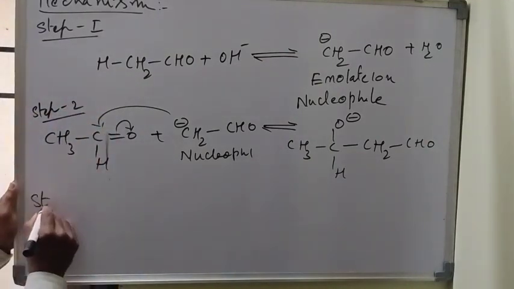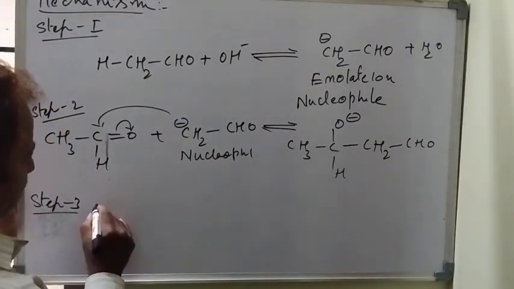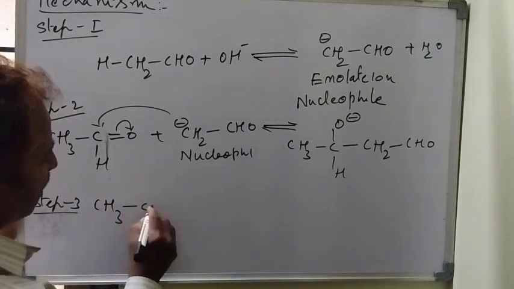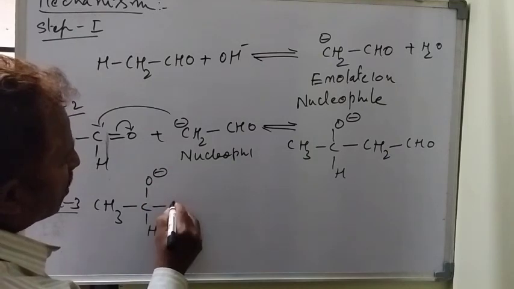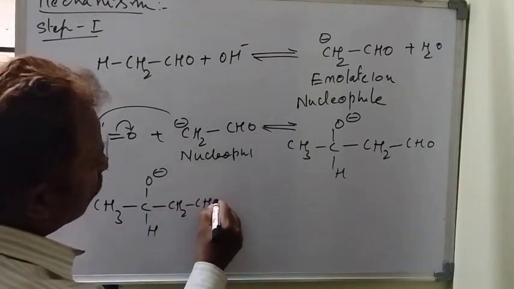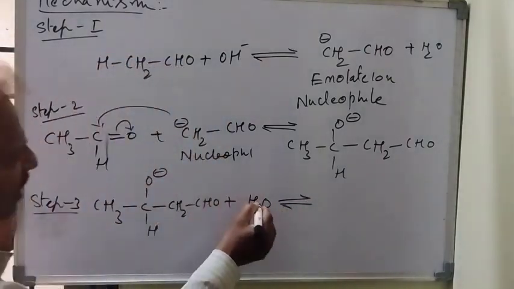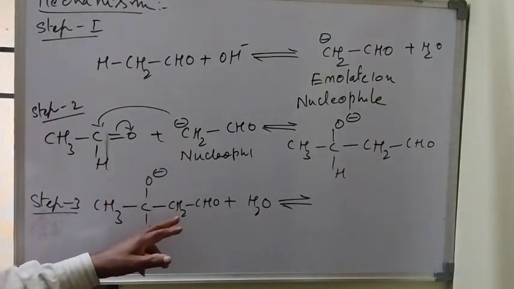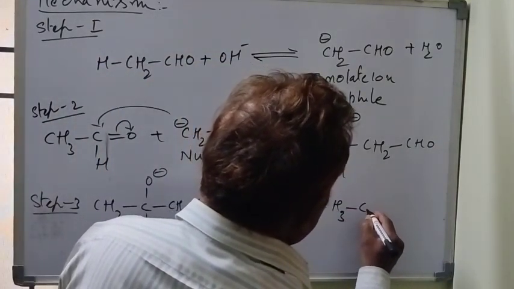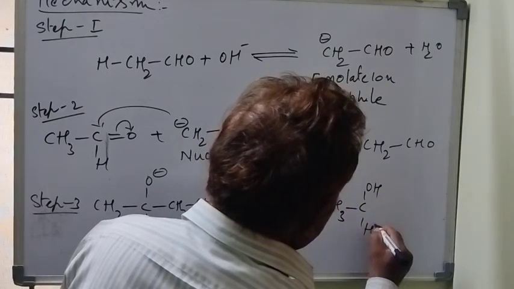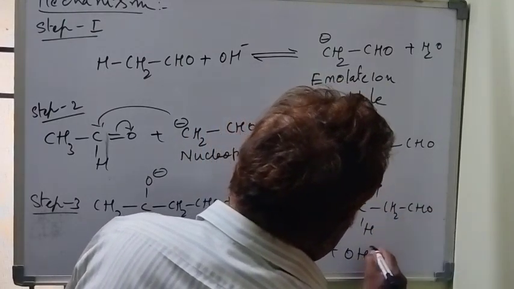Now in step 3, this intermediate, CH3CH(O minus)CH2CHO, takes a proton from water. So this species takes a proton from water. Therefore we get CH3CH(OH)CH2CHO, plus OH minus is formed.